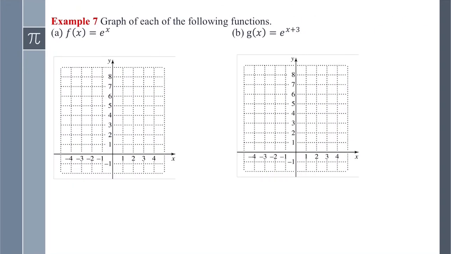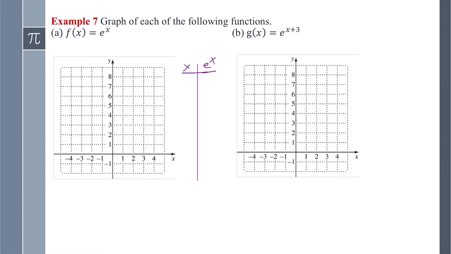Now these are exponential functions. So let's look at the graph of e to the x. If you want, you can make a small table. Use your calculator to make the table, and then we can graph this. So for the first one, x and e to the x.